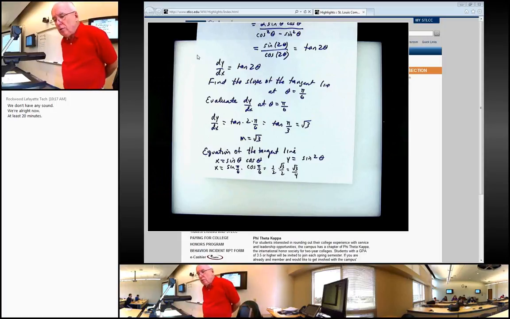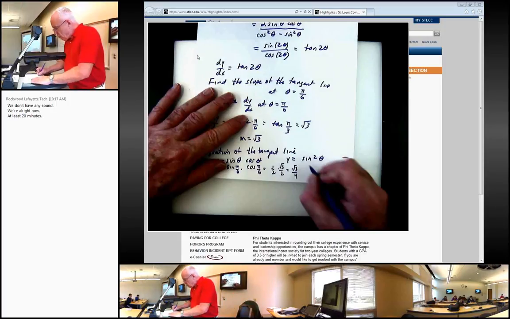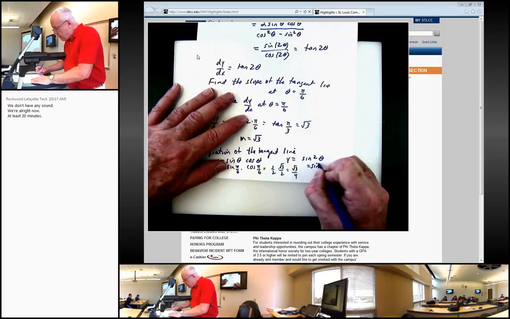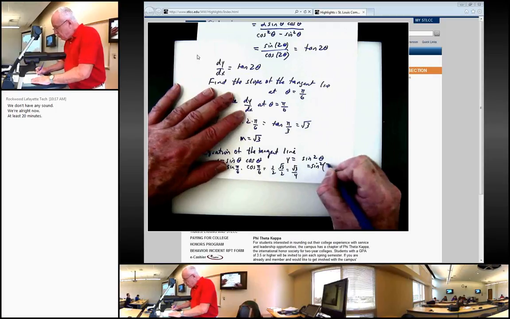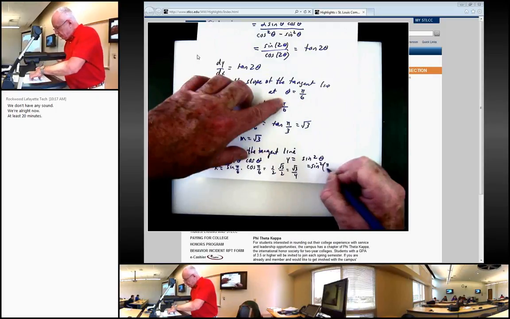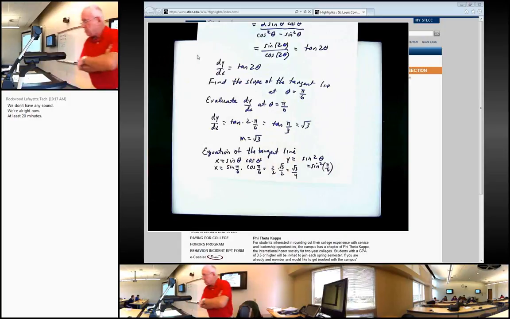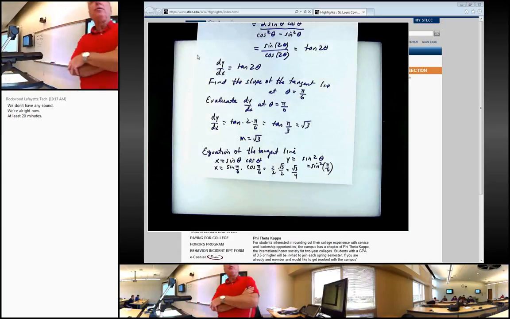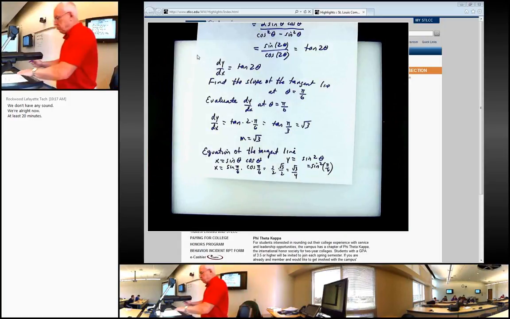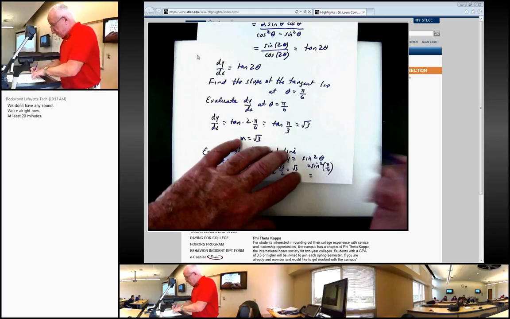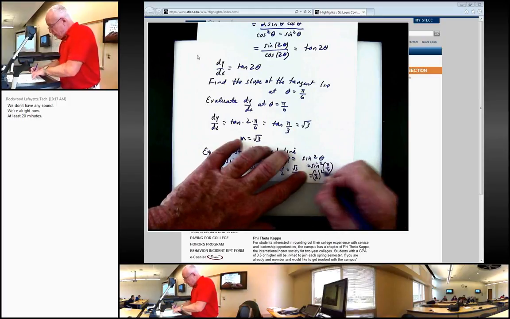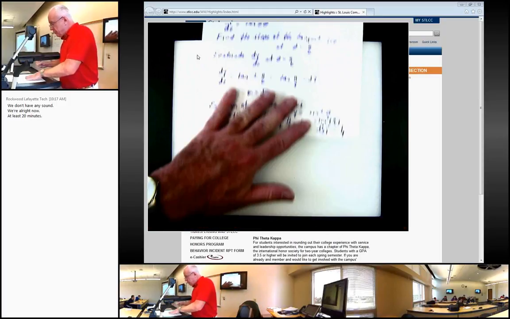And therefore, let's get the y value. Y is equal to sine squared of pi over 6. Okay? So the sine of 30 degrees is 1/2. So that's 1/2 squared. So our y value then is 1/4.